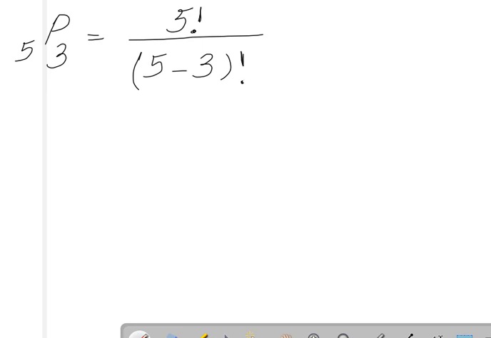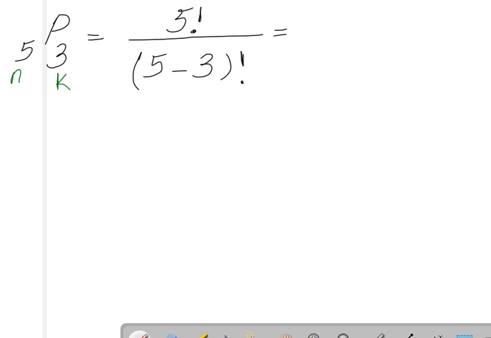Permutations 3 out of 5 is n factorial, or 5 here, over n minus k factorial. This one is n, this one is k.